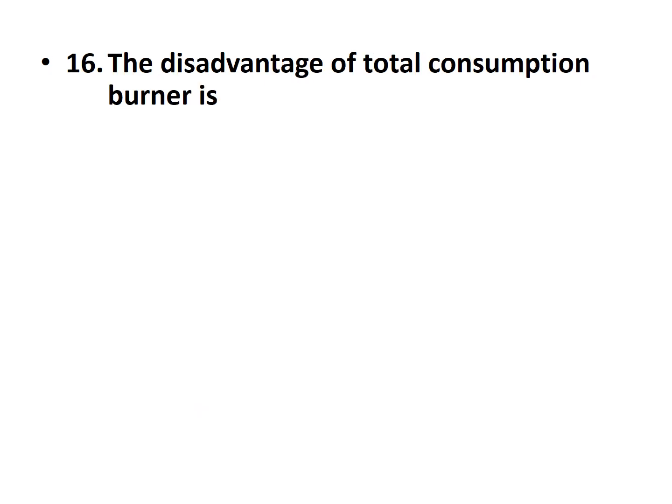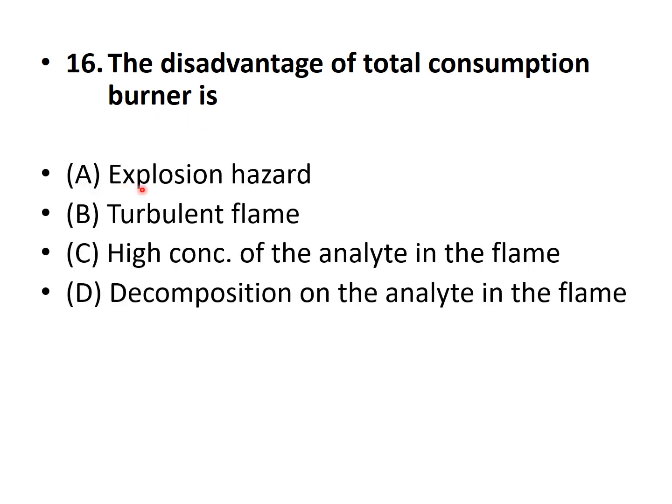The next question is regarding the burner. What is the disadvantage of total consumption burner? A is explosion hazard, B is turbulent flame, C is the high concentration of the analyte in the flame, while D is the decomposition of analyte in the flame.